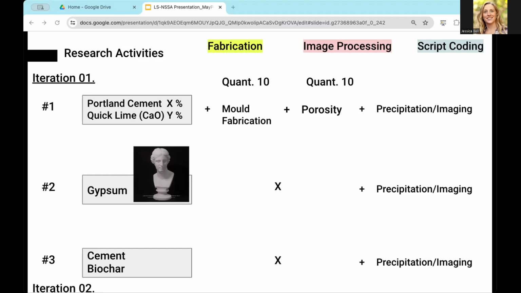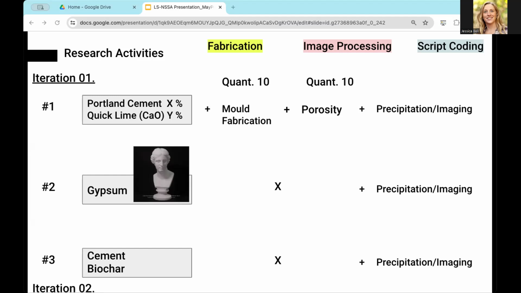For option 1, we will vary the ratio. So in total, we'll have 10 for the regular mold and about 10 blocks of prototypes for the porous mold, so about 20 blocks to test.